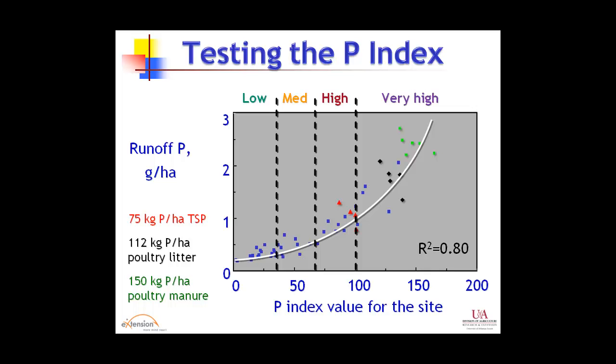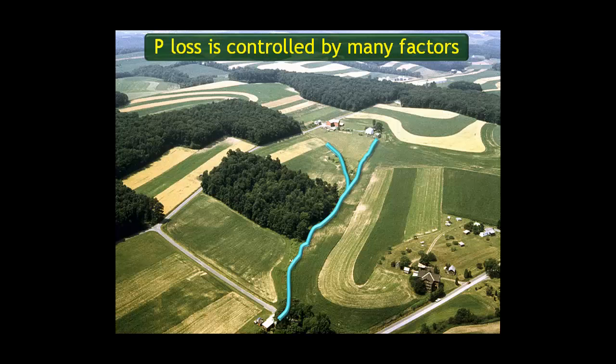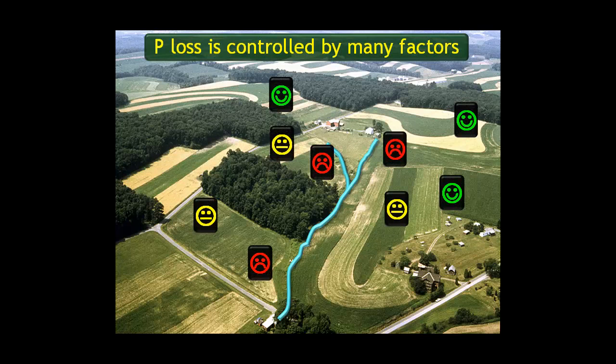Not all of them are going to be the same, and therefore there is a lot of discussion as to where those categories should fall. But it does lead us to this idea that there's different parts of the watershed that are at greater risk for loss of phosphorus than others.